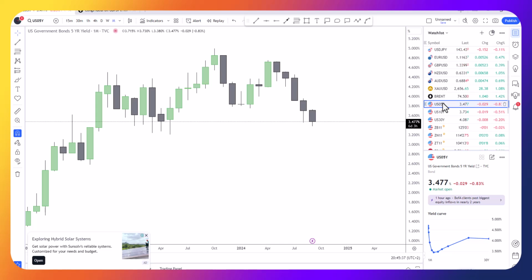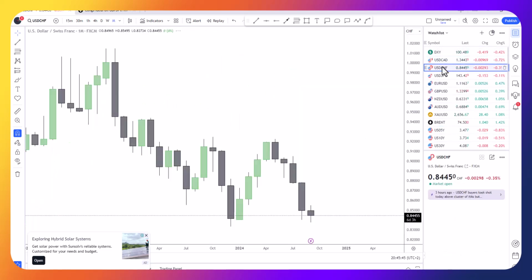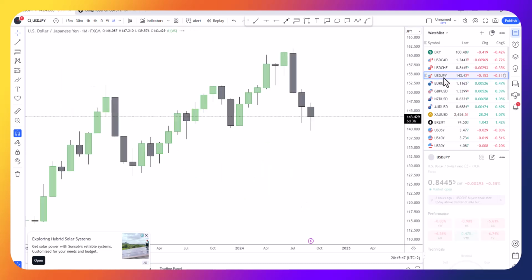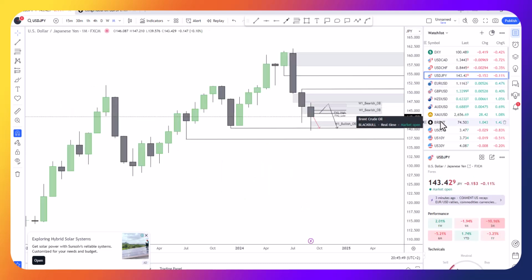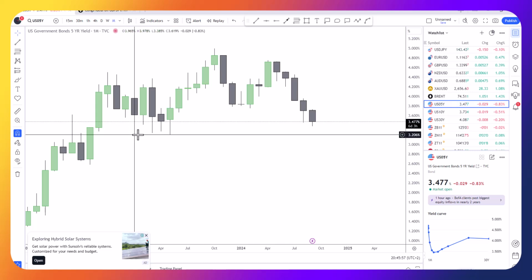So once you are in a position to understand this, then when you come back to your currency pairs like USD CAD, USD CHF, UJ, all these currency pairs here, it will be easy for you to map out, to do your technical analysis, to read what the market structure is telling you.